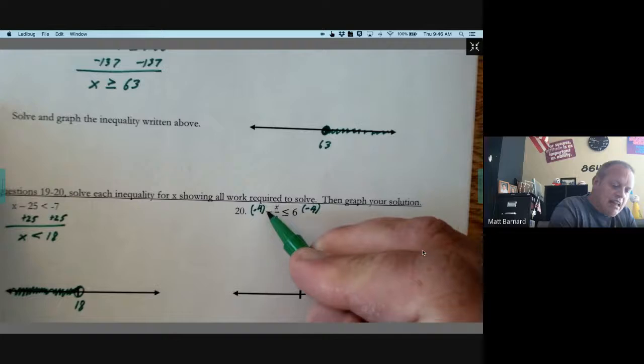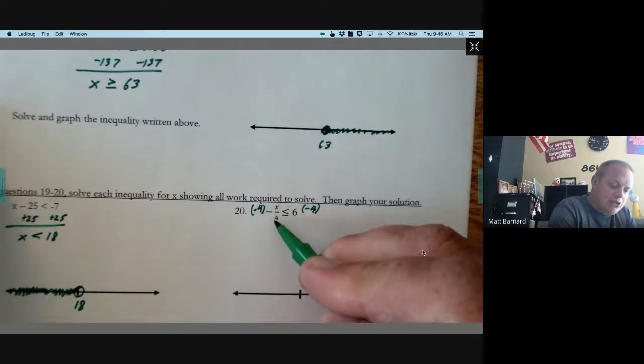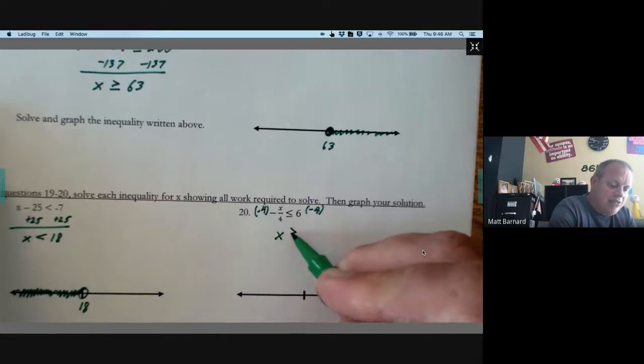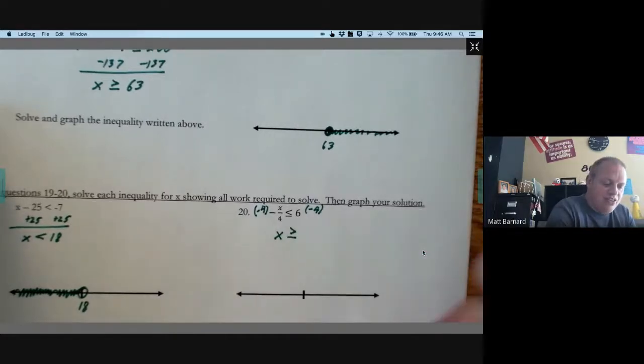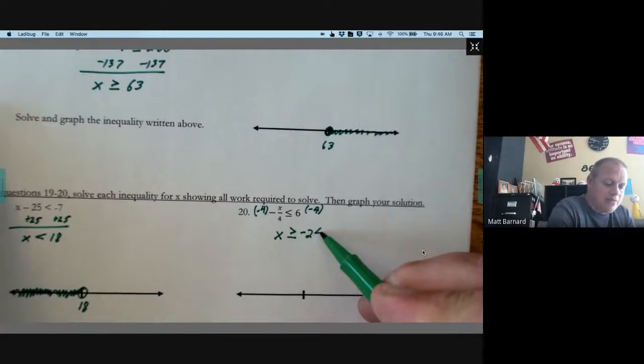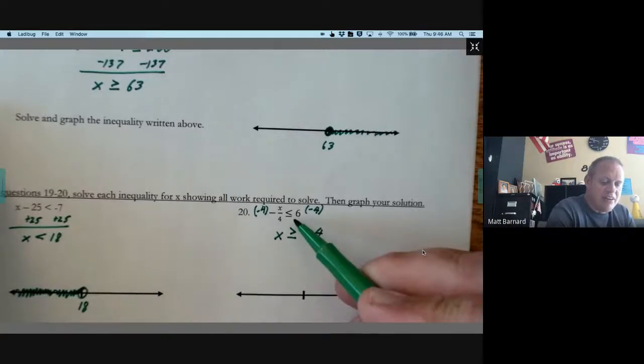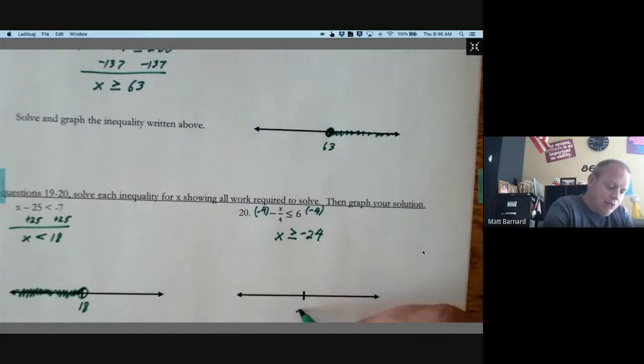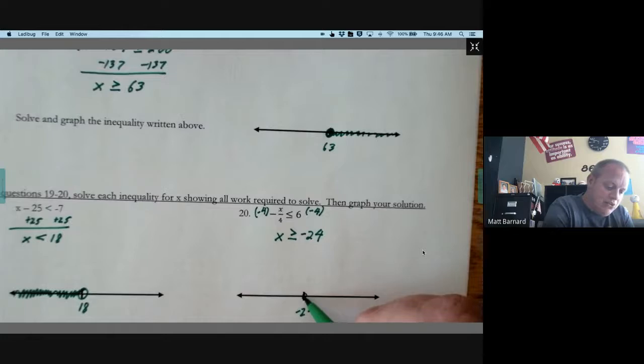So -4 multiplied and divided is just 1. But here's where I got to flip the sign. So this is now -24. Notice how the inequality sign flipped. When you multiply or divide both sides by a negative number, you got to do that. So we put our -24 here. It is closed because it's equal to and it's greater than. That's what we have.